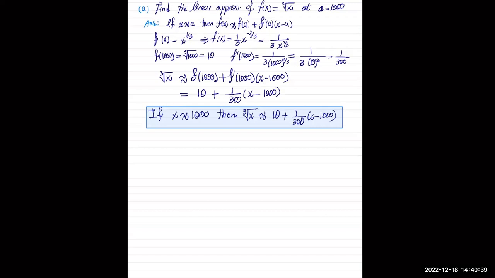Now part B, we can estimate the cube root of 1,001. All you have to do is plug 1,001 into your linear estimate, because 1,001 is near 1,000. 10 plus 1/300 times 1,001 minus 1,000.